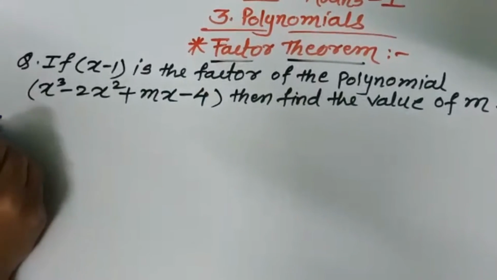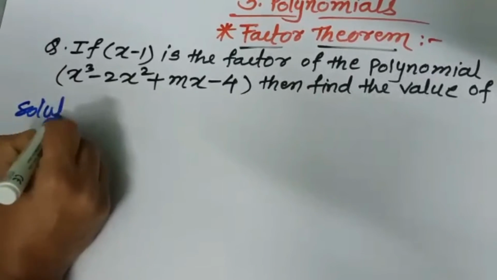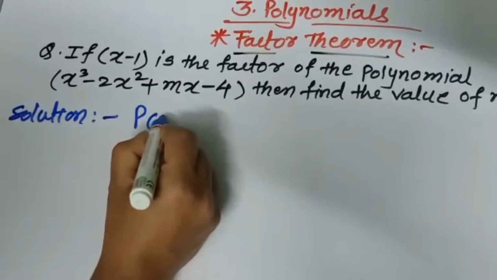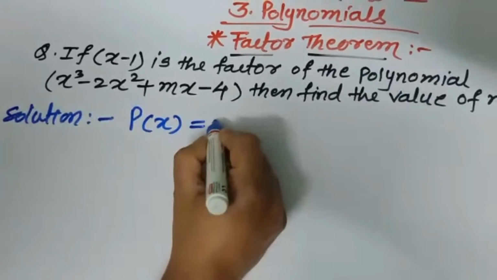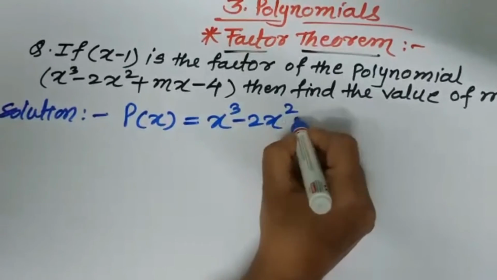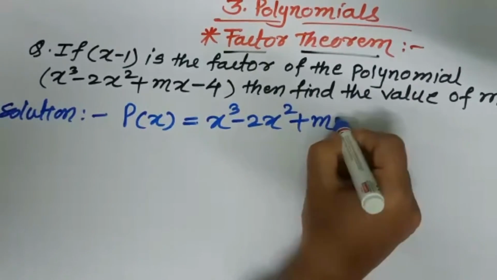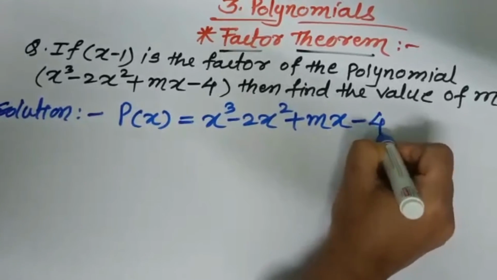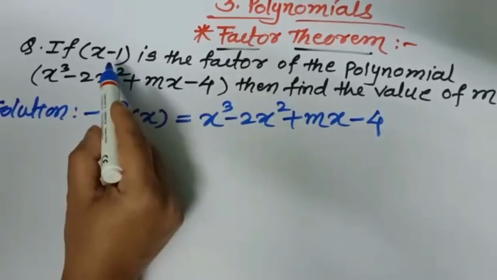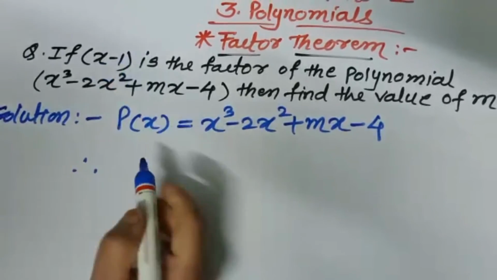So write first the polynomial in x, that is p of x is equal to x cube minus 2x square plus mx minus 4. Now replace this variable x by the opposite number of this factor x minus 1.